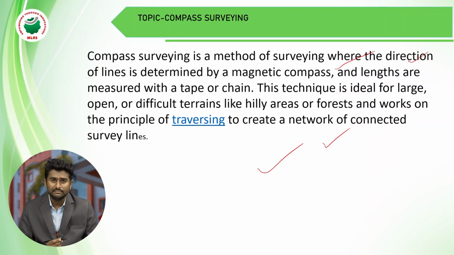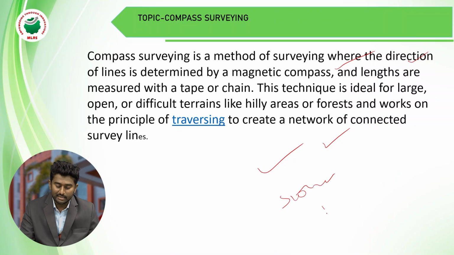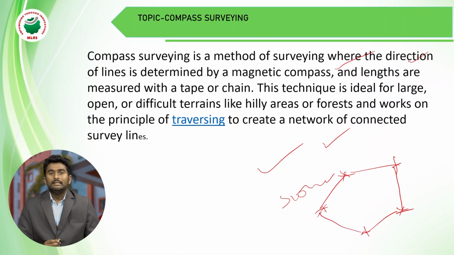What is traversing? The connection of a number of survey lines is known as traversing. When the starting point of the survey line coincides with the ending point of the survey line, that is also traversing.